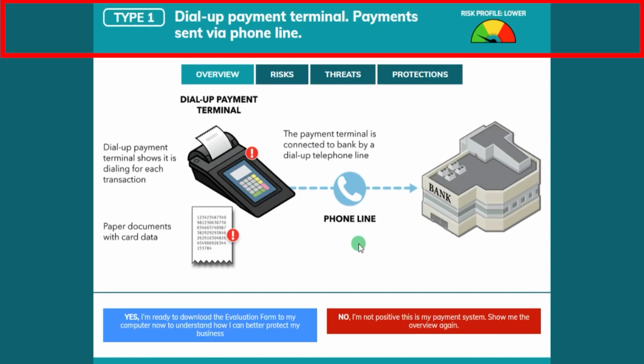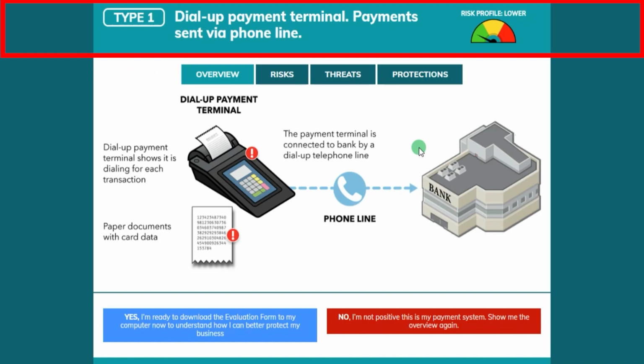Type 1, dial-up payment terminal, payments sent via phone line. It is very simple, pretty straightforward. So basically the terminal is going to communicate with your bank via phone line. The dial-up payment terminal shows it is dialing for each transaction.